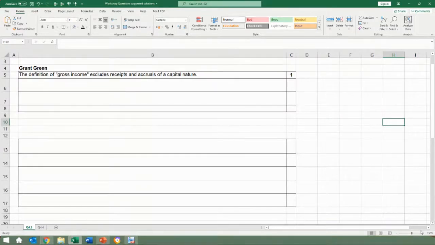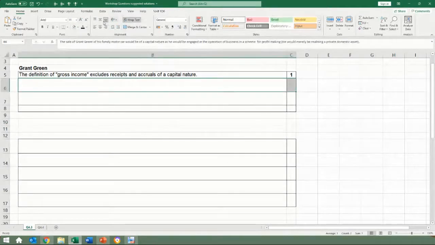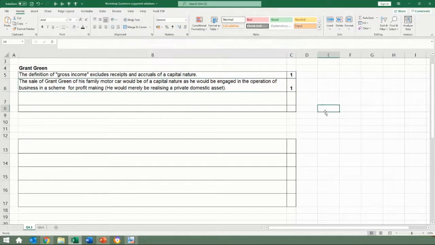But now you also have to mention the fact that their business is selling cars, second-hand cars. So Grant will actually have to, normally it would be seen as capital nature, but he will have to prove that it is not a profit-making scheme because of the business that he's running.